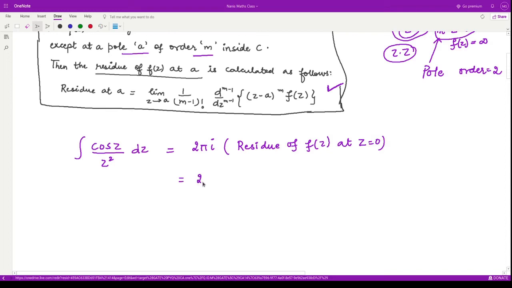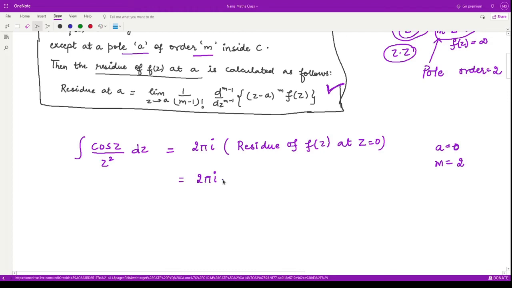So what would that be? That is calculated using this formula. Our a in this case is 0 and m is 2, because we have a pole at z equal to 0 and it is of order 2.